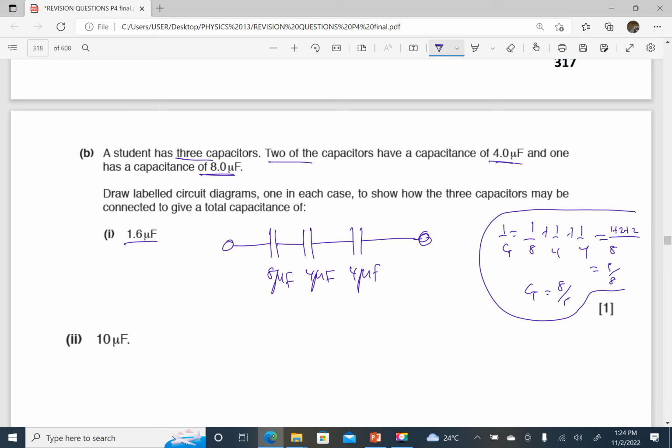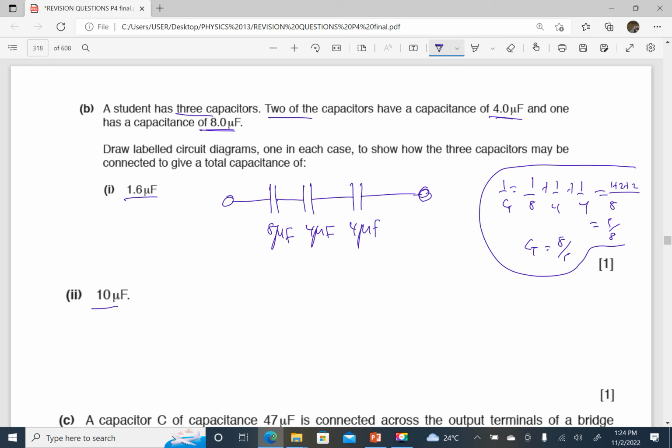But you notice that when I join the 4 microfarads in series, both of them in series, they will give me 4 times 4 over 4 plus 4, which is 16 over 8, which is 2. And when I add 2 to 8, I will get 10. So 10 is 2 plus 8.